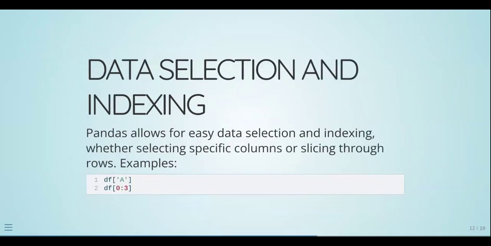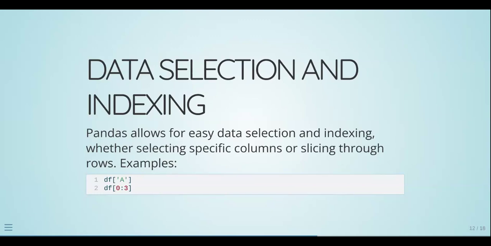So the next one is data selection and indexing. Pandas allows for easy data selection and indexing, whether selecting specific columns or slicing through rows. So in the lab, I will share that we'll go through now. We'll do the indexing and see how to create series and data frame.